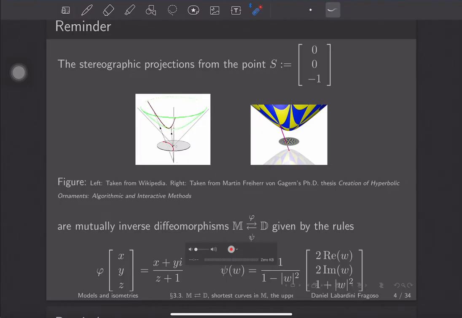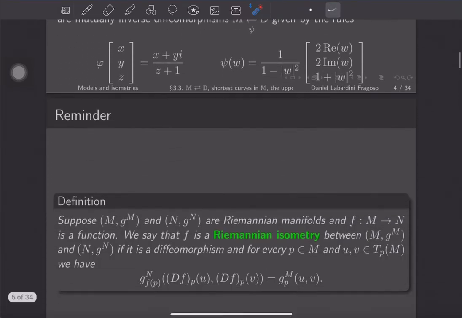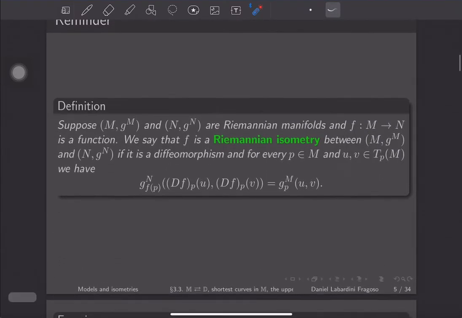Right, so let me just, okay. Reminder of what a Riemannian isometry is, right?